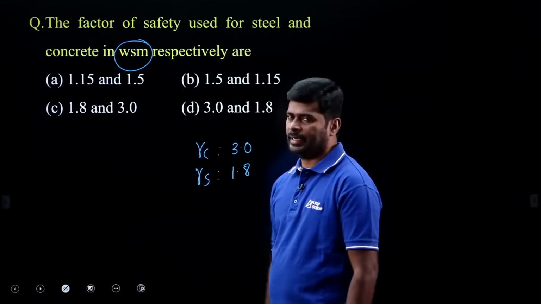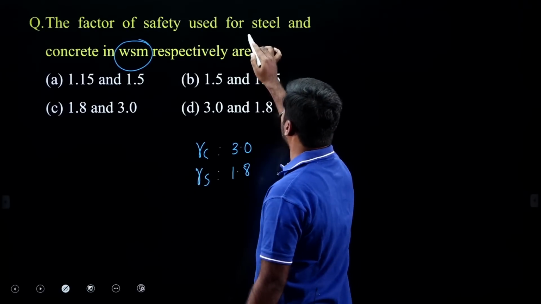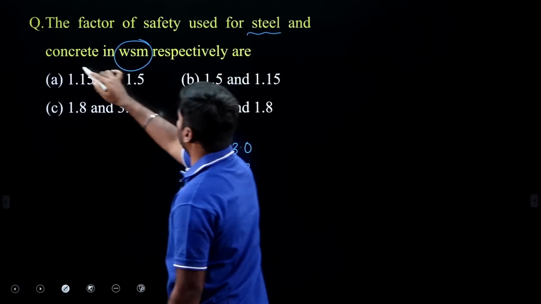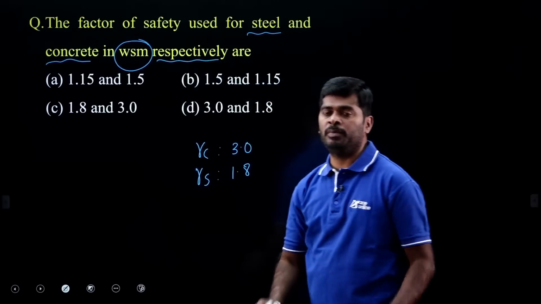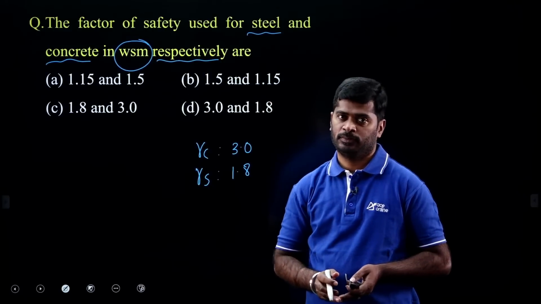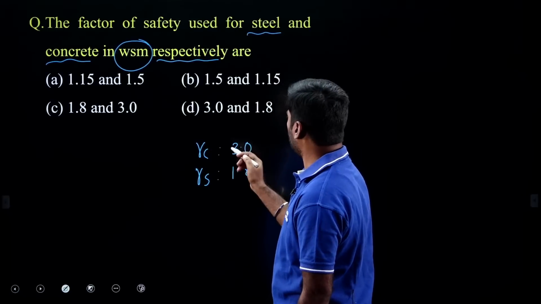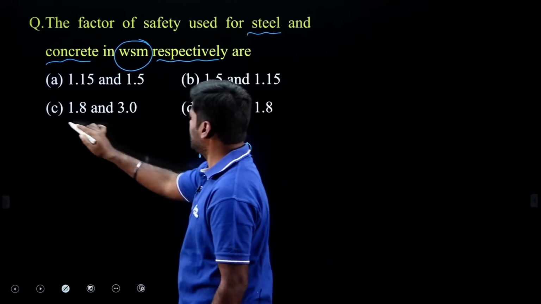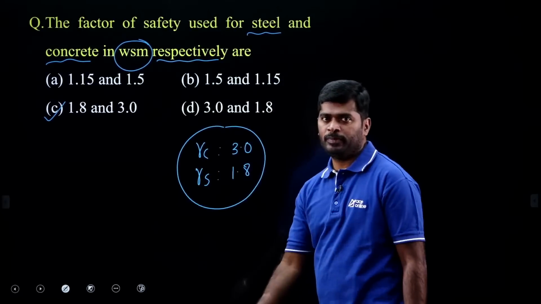For steel 1.8 and for concrete 3. Here observe, first they have given steel, next they have given concrete, and they used word respectively, means you need to follow order. Okay. 1.8 first, next 3, 1.8 and 3, option C is correct. This is in working stress method.